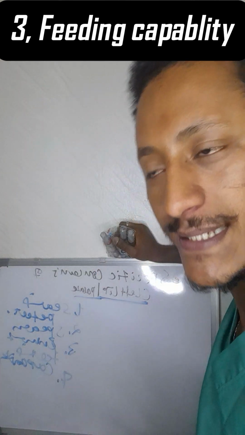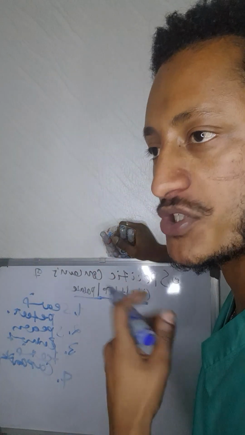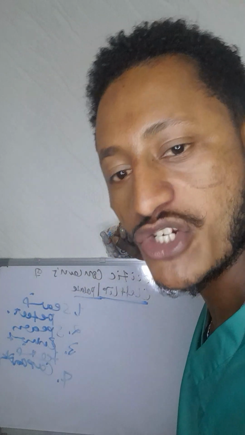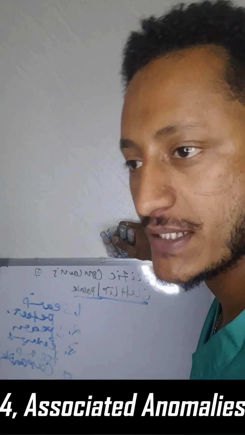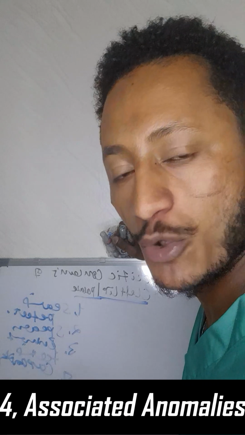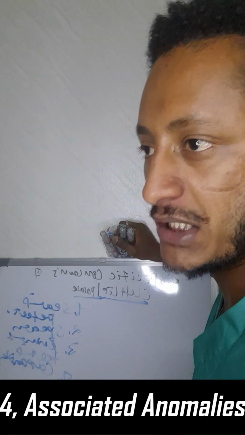The fourth one is that almost 30 to 40% of these patients have syndromic potential. So associated anomalies have to be screened out, like cardiovascular anomalies, cerebrovascular anomalies, and musculoskeletal anomalies.